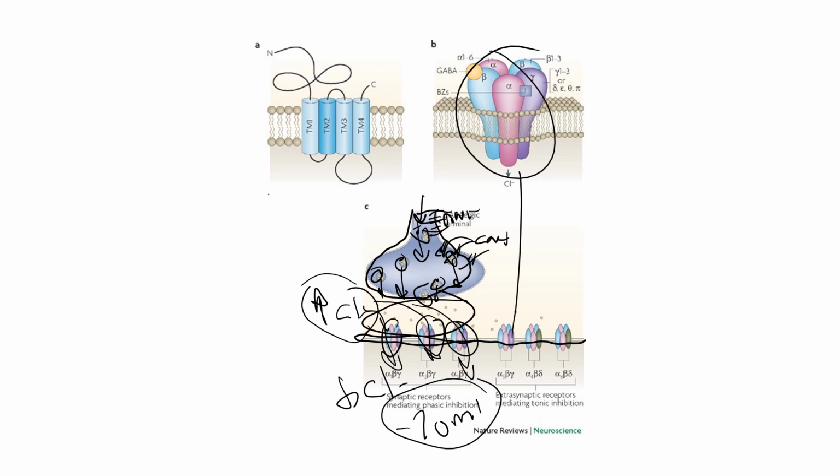And since chloride's chemical driving force is still stronger to come in than the electrical driving force pulling it back out, if you increase the permeability that the dendrite has for chloride by opening up these GABA receptors, which are chloride channels, then chloride is going to come in to the dendrites of the alpha motor neuron. Okay, so chloride is going to begin to come in to the alpha motor neuron.